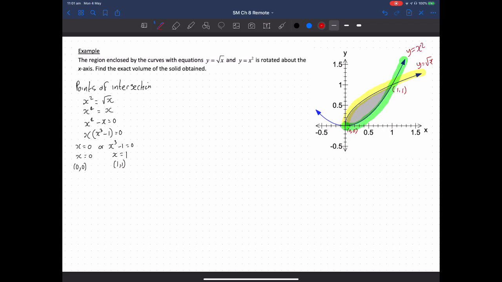So what we need to do is work out the volume that is under the curve y equals root x when it is rotated around the x-axis. That will give us a volume, but that's the total volume between 0 and 1.